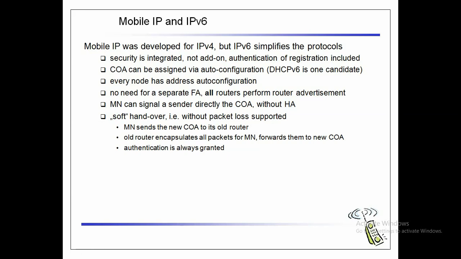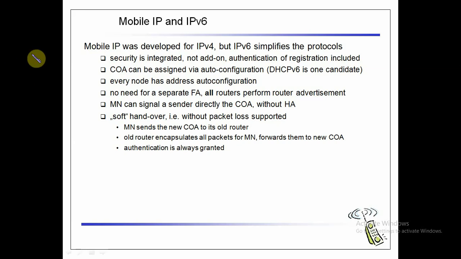There are no special mechanisms or add-ons needed for securing Mobile IP. Care of addresses are already built in as a neighbor discovery mechanism, and it is mandatory for every node. It is also included in the specification, and special foreign agents are no longer needed to advertise services; all these features are combined together.